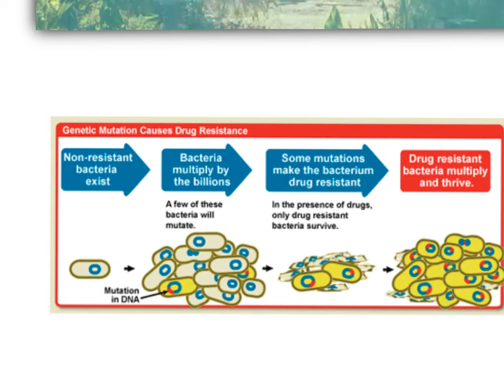And if this bacteria is a pathogen, that provides us with a lot of problems in that the pathogen will cause disease in a human which we can't control with an antibiotic, which is becoming increasingly more and more of a problem in hospitals.